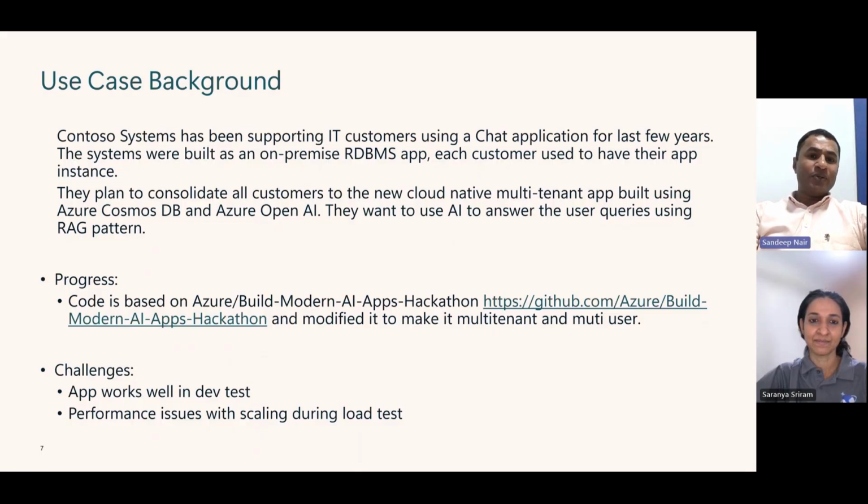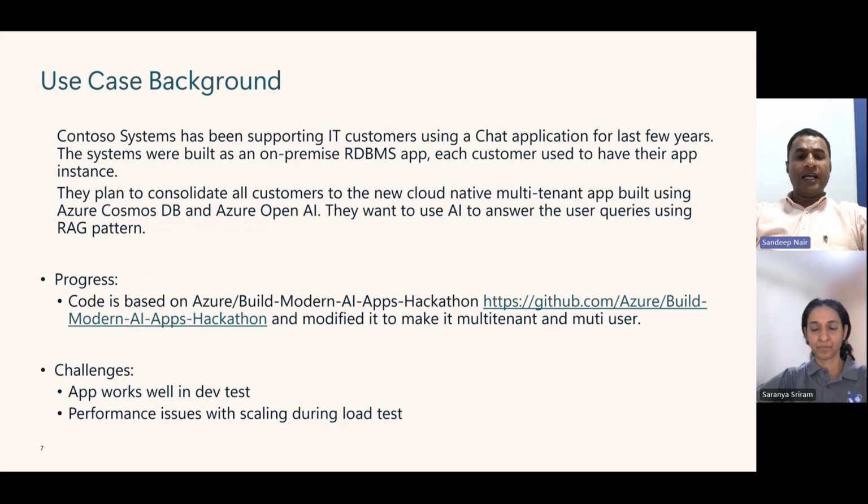Sure. Let me first introduce you to the background of a use case that we are going to use for our session today. So we are going to use a chat application that Contoso Systems has built. They originally had an RDBMS-based app, and it used to be a single app for each customer. And now what they're trying to do is to consolidate all their apps into a cloud-native app.